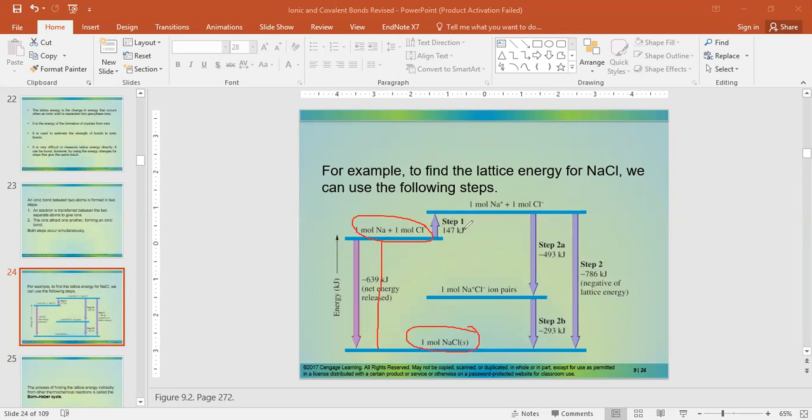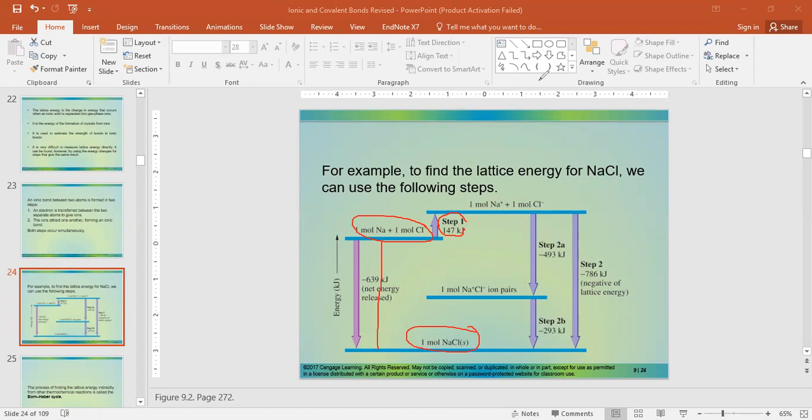It is these steps. This is the actual process that takes place. Sodium and chlorine giving us sodium chloride is what we write in a typical chemical reaction. But any chemical reaction is not as easy as it is presented in the chemical equation. There are steps that take place: step 1, step 2A, step 2B, or step 1 and step 2. So this is the actual process which takes place.